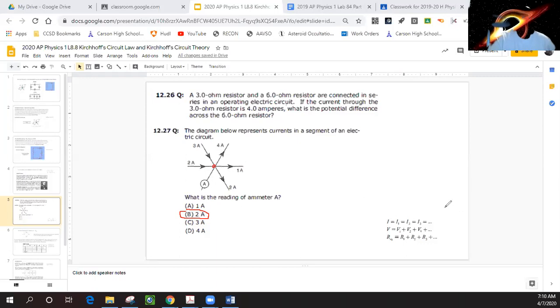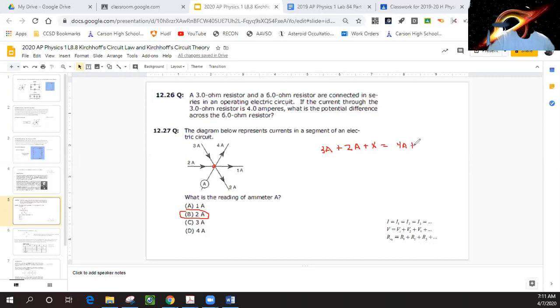So we can apply Kirchhoff's current law, and we can say that we have a 3 amp current plus a 2 amp current plus this unknown here, which we don't know what it is, has to equal 4 amps, which is leaving.